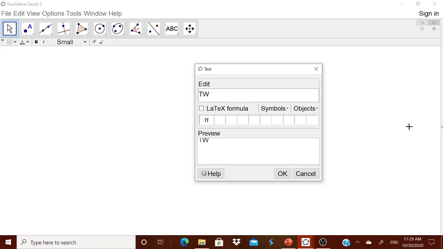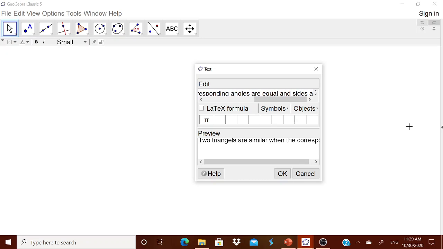You can tell them two triangles are similar when the corresponding angles are equal and sides are proportional.